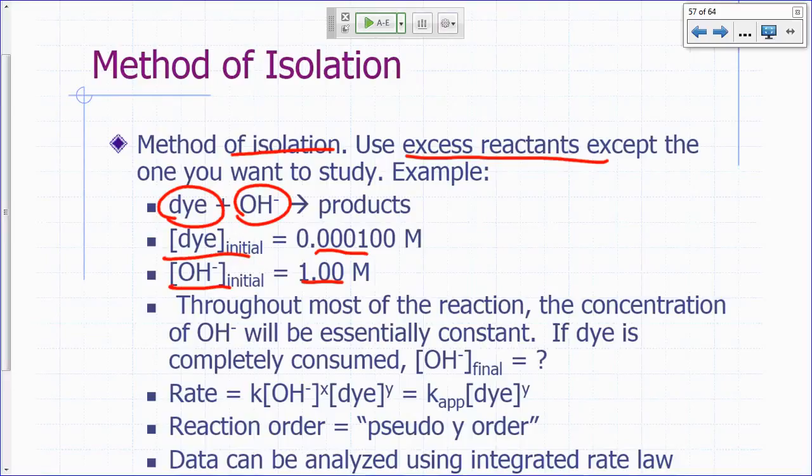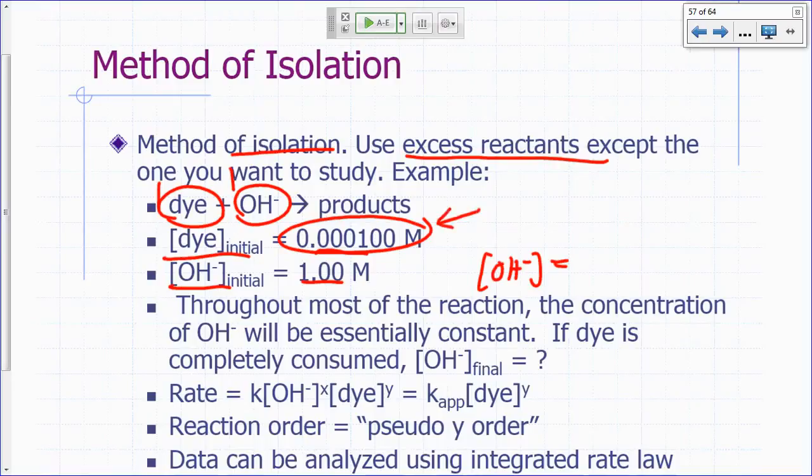Okay? Throughout the reaction, let's imagine that the reaction is completed. What would be your final concentration of hydroxide? Let's say you lost all of this dye, and let's say it's a 1-to-1 ratio for the stoichiometry. How much sodium hydroxide would you have lost?